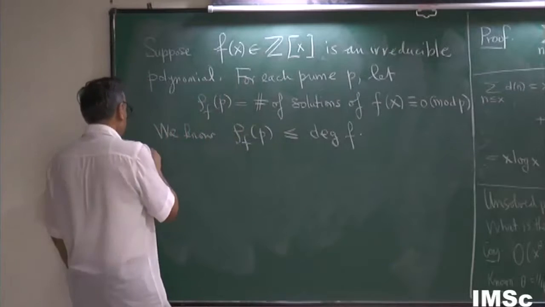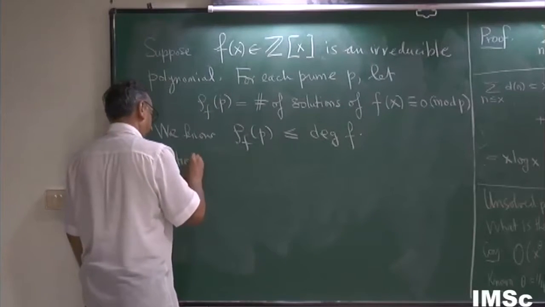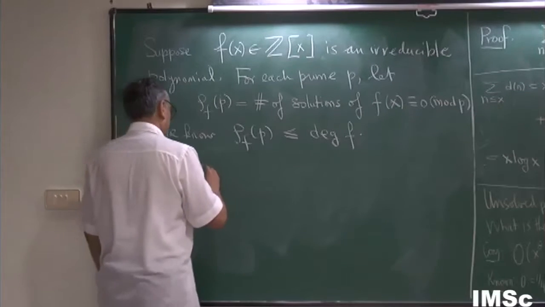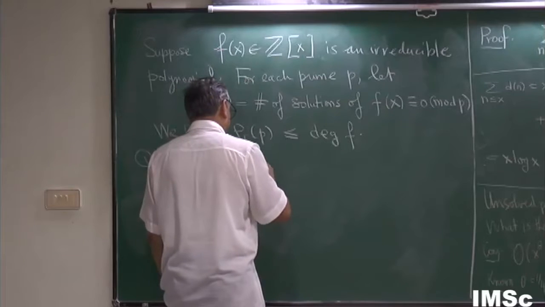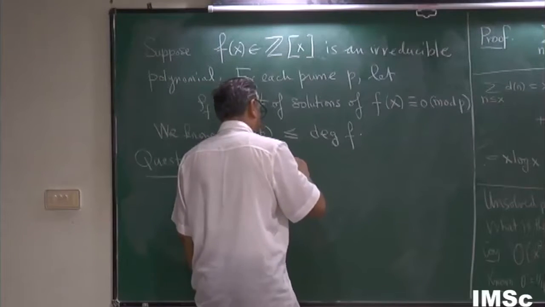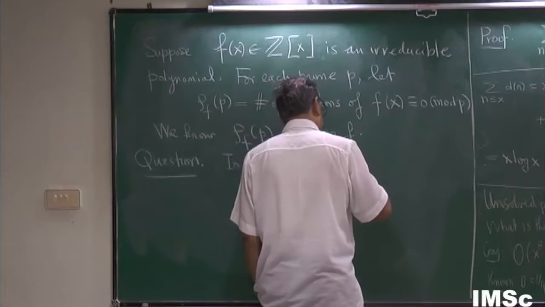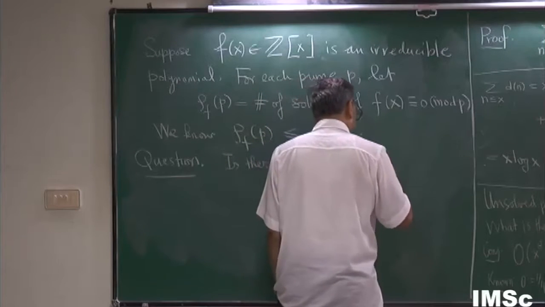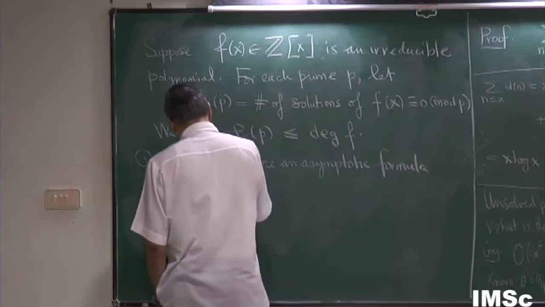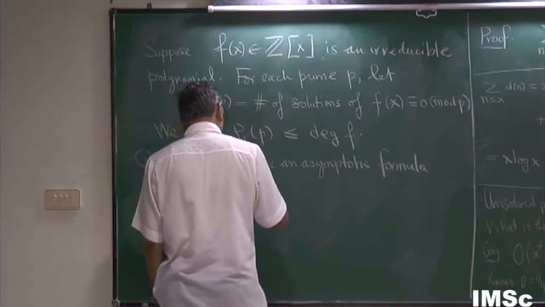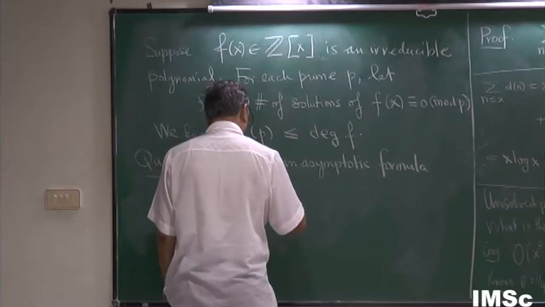My question now is, is there an asymptotic formula for the summation over p less than x of rho sub f of p?